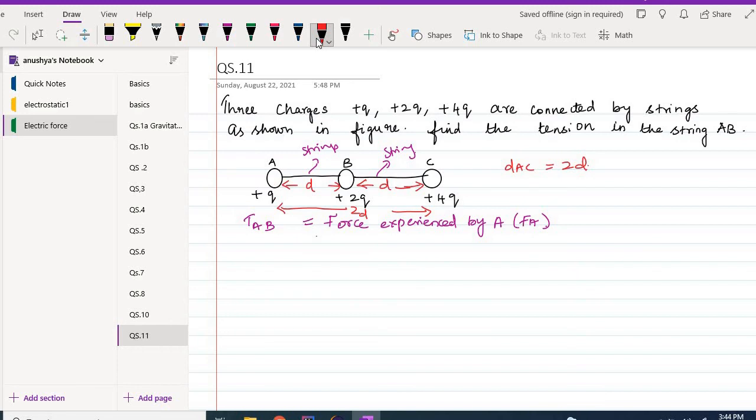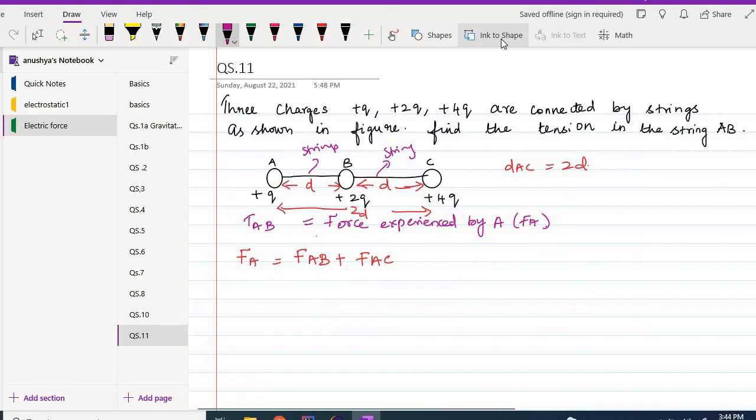Now force experienced by A. Okay, so we are going to find the force experienced by A. The charge at A, plus Q, will experience a force due to B as well as due to C. So F AB plus F AC.